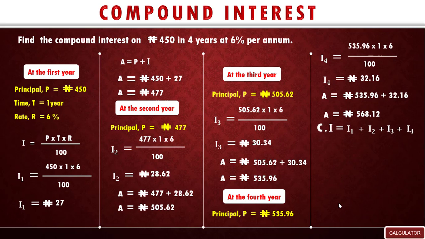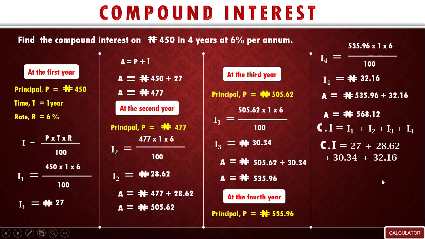Compound interest equals I1 plus I2 plus I3 plus I4. The CI stands for compound interest. So compound interest now equals, we add the values. I1 is 27, I2 is 28.62, I3 is 30.34, and I4 is 32.16, and this is it right here.